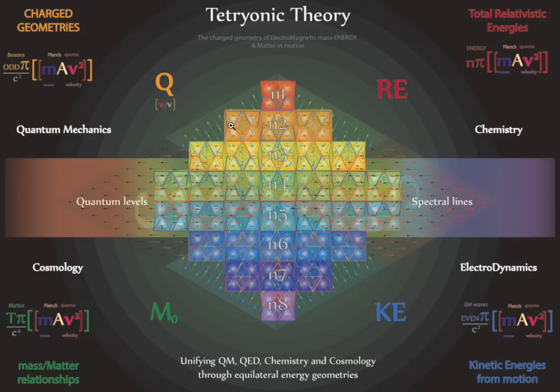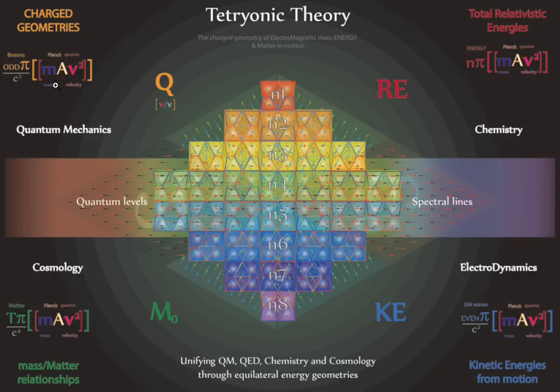All of these things will be discussed in greater detail, but as a summing up of the final picture here, and of QED and how we've rebutted special relativity, I just want to highlight again that in Tetryonics it's a charged geometry that gives us the answers to all the force and mass matter energy combinations in physics.